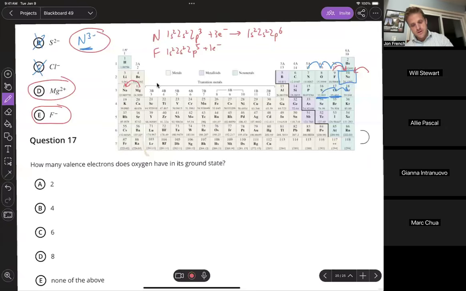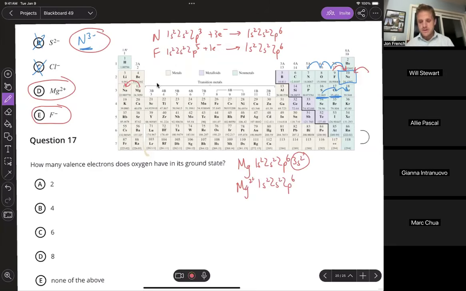It gains one electron and it ends up 1s2, 2s2, 2p6 as well. Magnesium is 1s2, 2s2, 2p6, 3s2. Magnesium 2 plus loses these two electrons and we're left with 1s2, 2s2, 2p6. So yeah, those three for question 16.